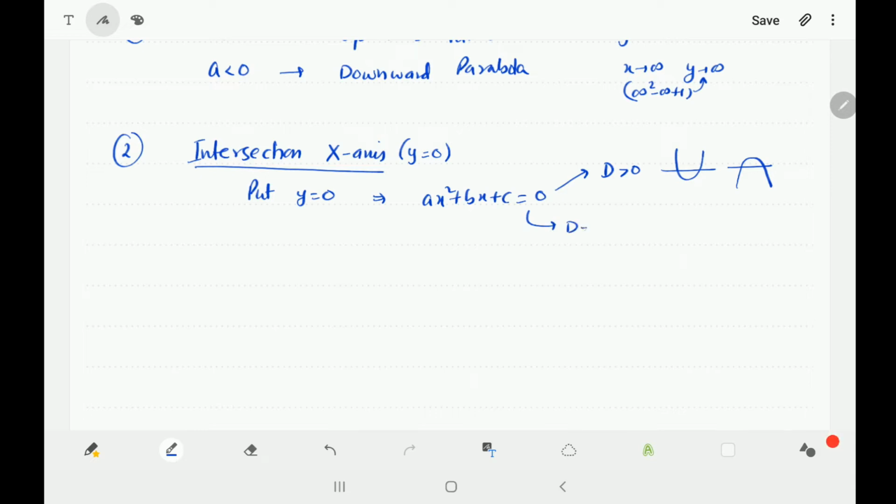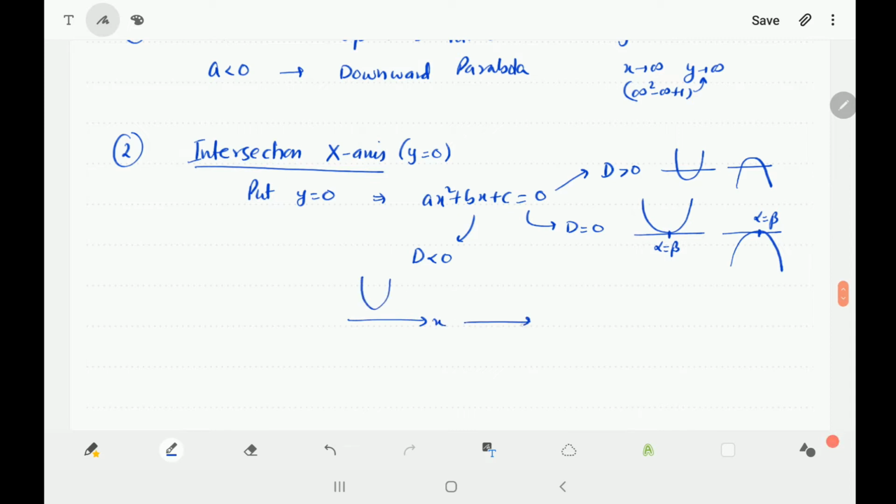In case d is equal to 0, then both the roots are equal. Then in that case, if the parabola is upwards, it will be touching the x-axis because both the roots are equal. So in this case, alpha will be equal to beta. And if the parabola is opening downwards, then in this case also alpha equal to beta, like that. And the third case is if d is less than 0, it means the parabola has no real roots, it has non-real or complex roots, then it won't intersect the x-axis.